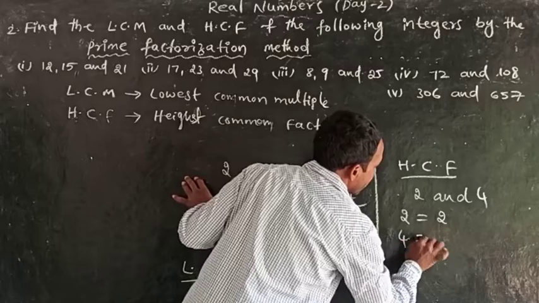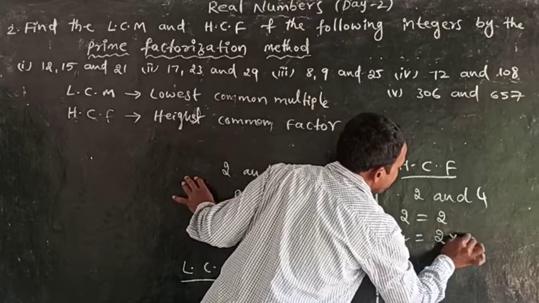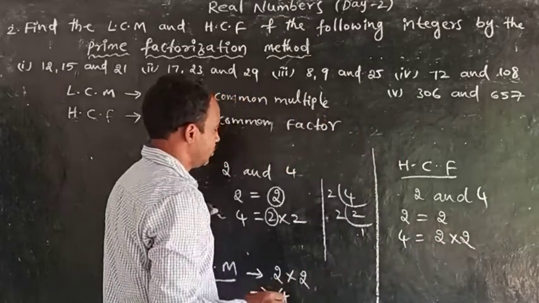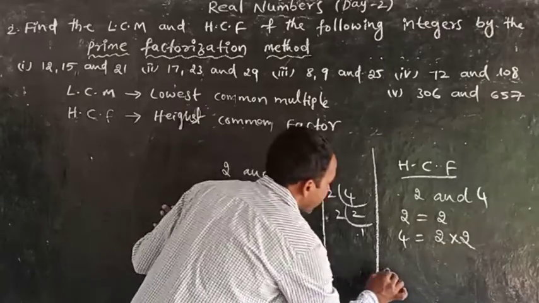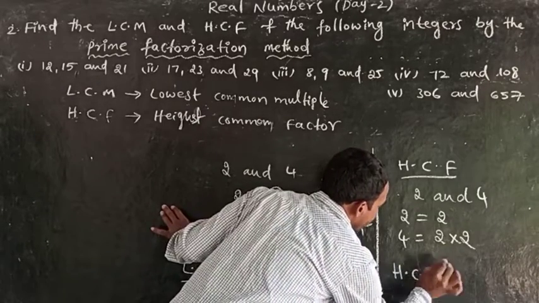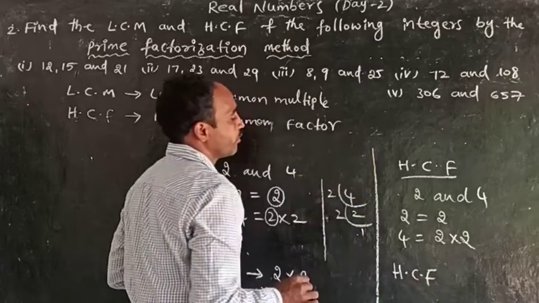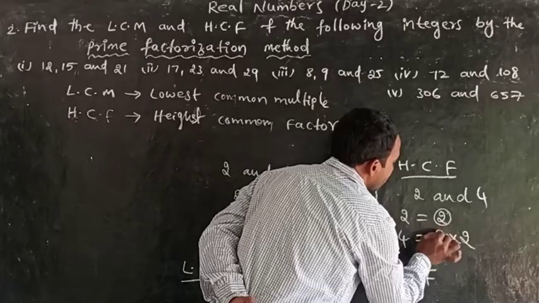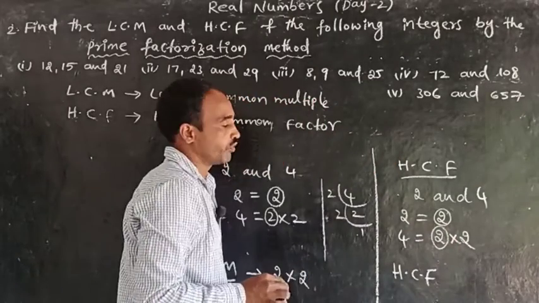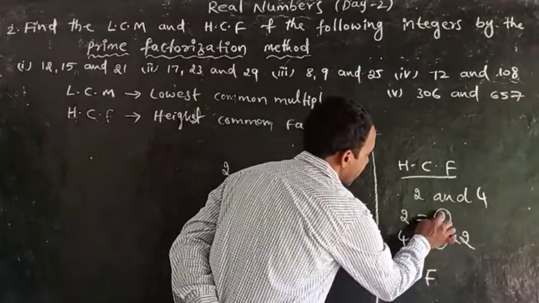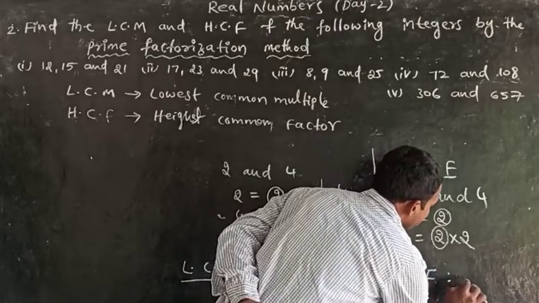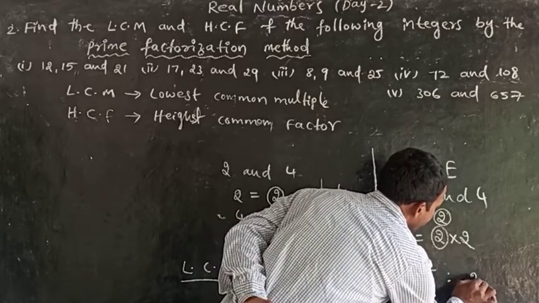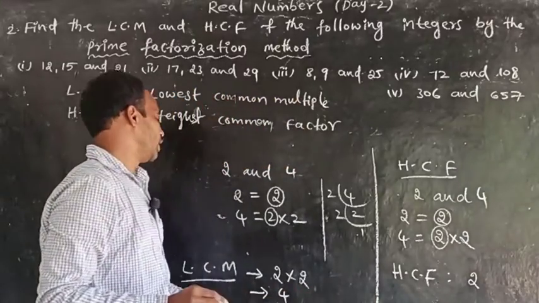What is the prime factor of 4? 2 into 2. So to find the HCF, we take the common factor in the two numbers. The common factor is 2. So the HCF is only 2.